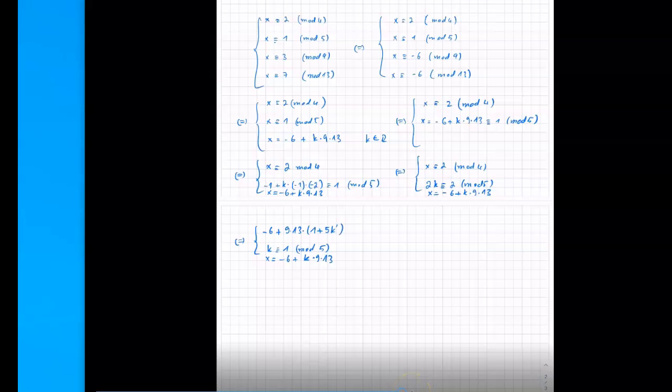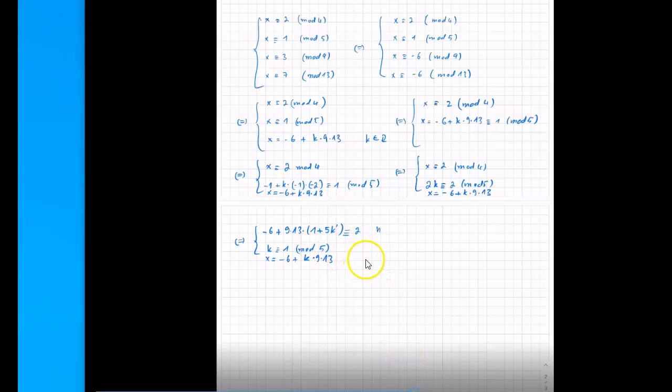Now I have another form of k. k is 1 plus 5 times something, 5k prime.